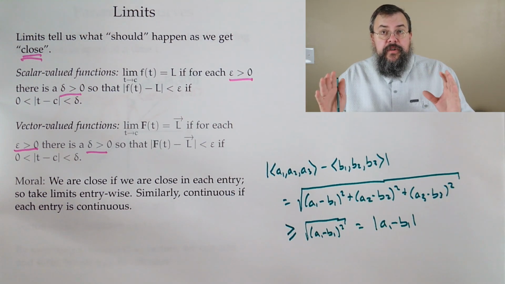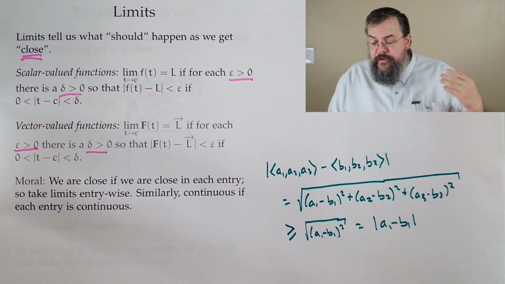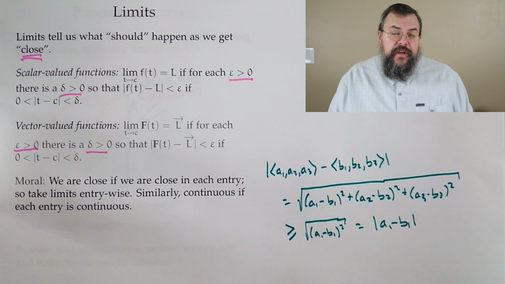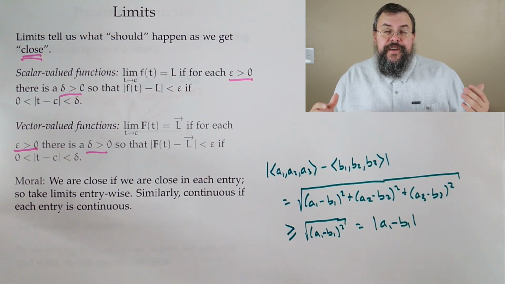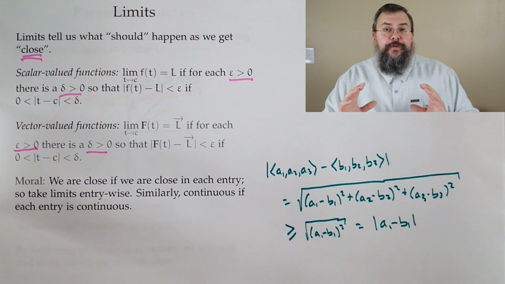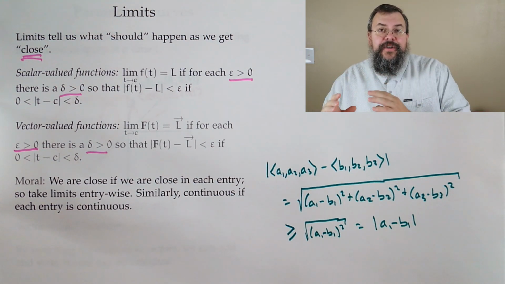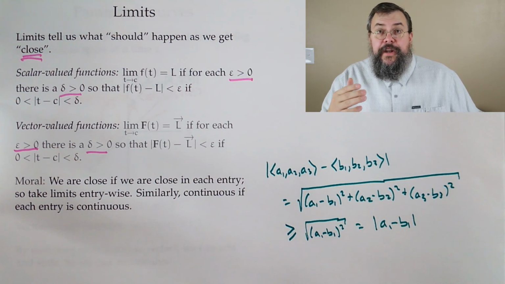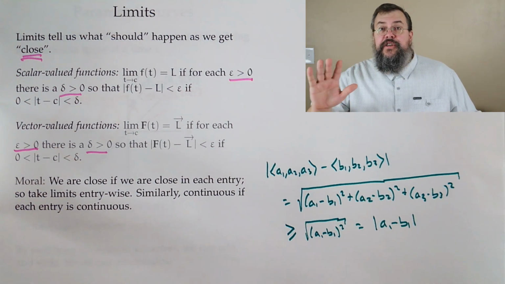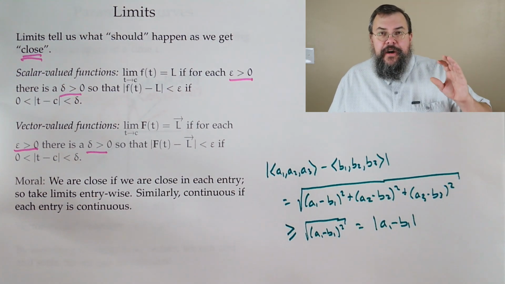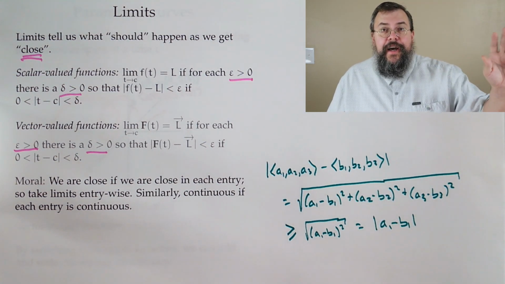So we know if two vectors are close, they have to be close simultaneously in all the entries. And now you say, well, look, that just says we only have to work entry by entry, because if we have something converging, things have to work entry-wise. That's going to be a huge theme for us. And indeed, that's basically our big idea.